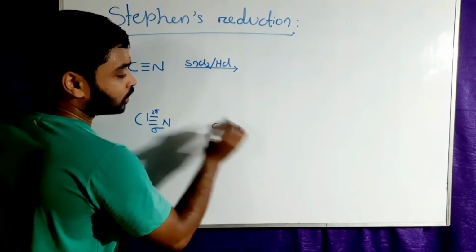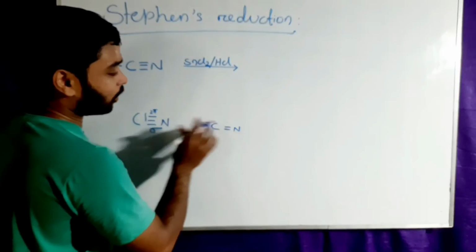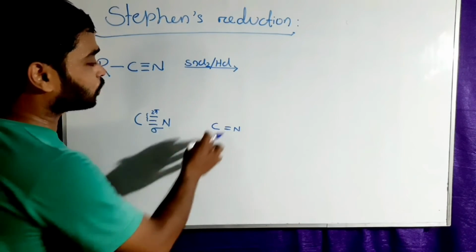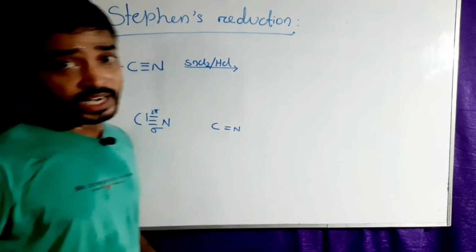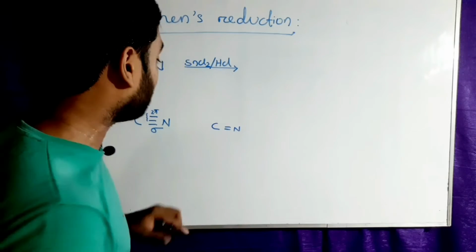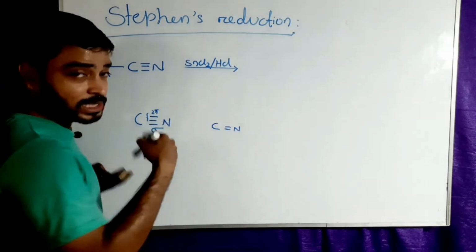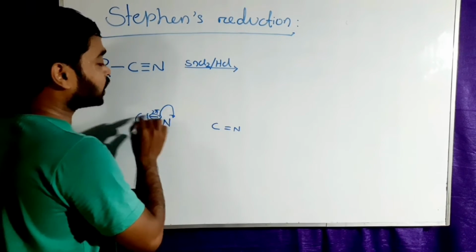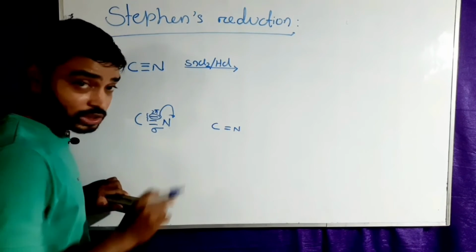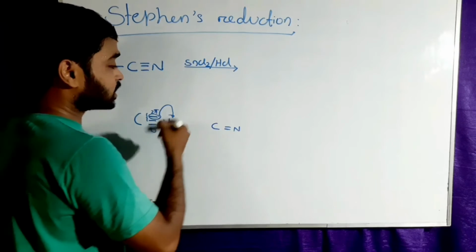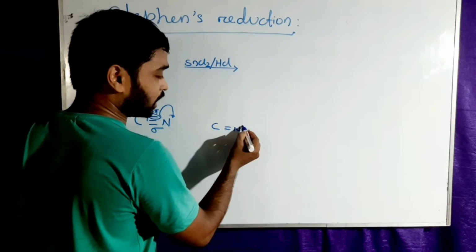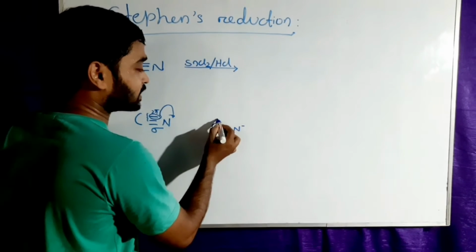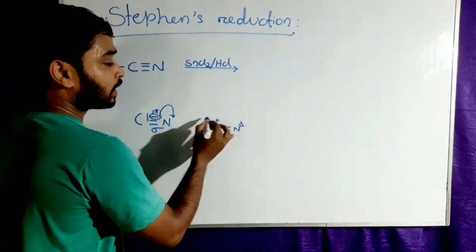The double bond will remain here, and one bond will move towards the nitrogen. Why will one bond move towards nitrogen? Because the nitrogen atom has maximum electronegativity, due to which the displaceable electrons present between the carbon and nitrogen will move towards the nitrogen atom, resulting in the formation of a negative charge over nitrogen and a partial positive charge over the carbon atom.